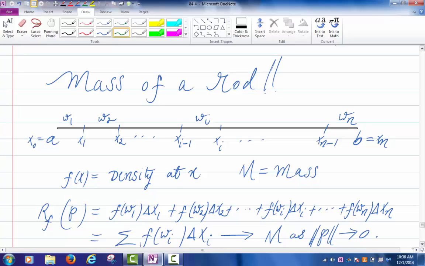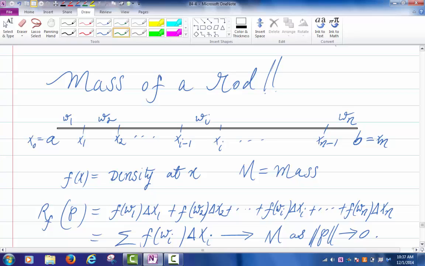Let's say we can think of the rod as part of the number line, so it represents the number line from A to B. How do I approximate the mass of the rod? Let's say I know the density of the rod at each point. The density is varying. How do I come up with the mass of the rod?